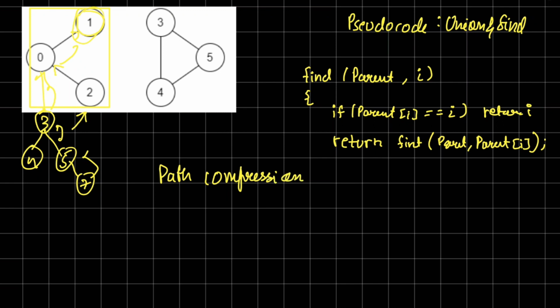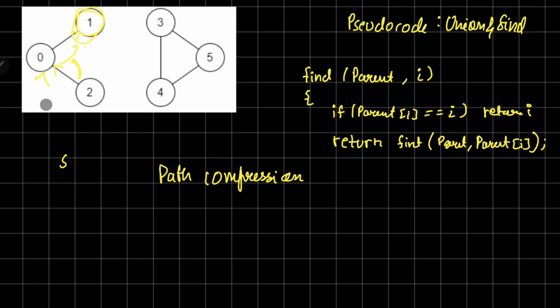What path compression does is that as we call the find function on 2, it will return 1, so why don't we update the parent of 2 as 1 only? Why do we need to traverse the whole tree again?